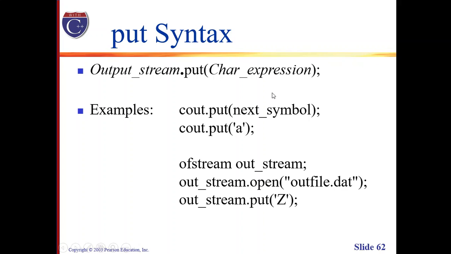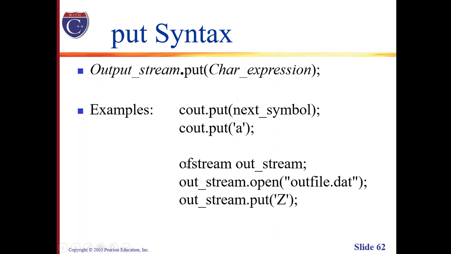Here's an example. So in this case, we would like to put a character in our stream. In this case, we would like to put whatever the value of this variable. In this example, we also would like to put a single character A into our output stream.